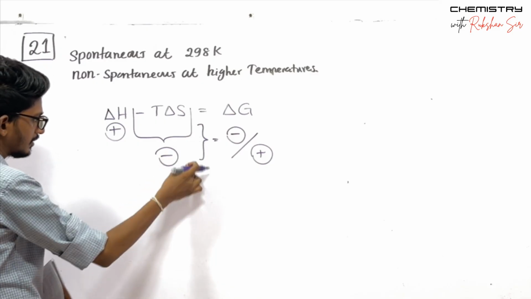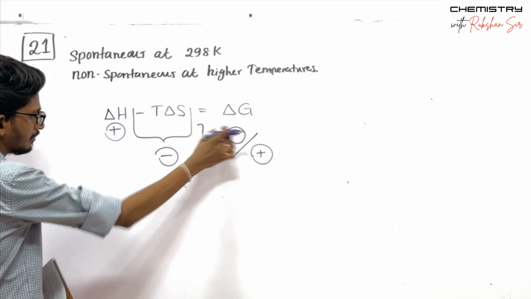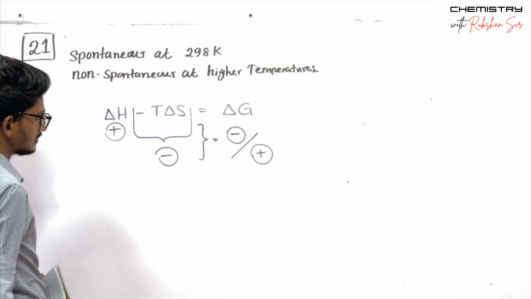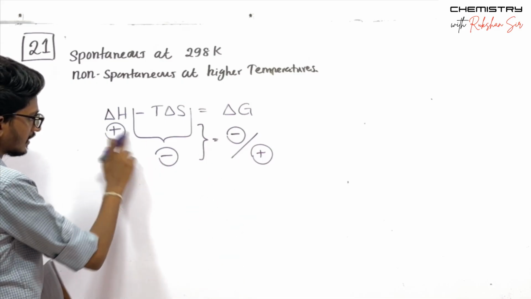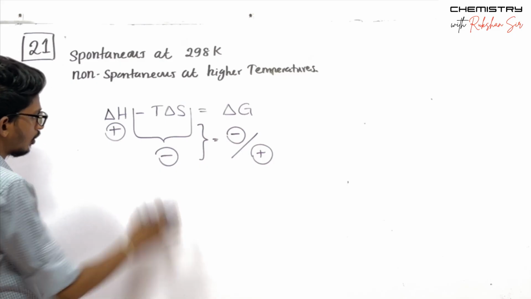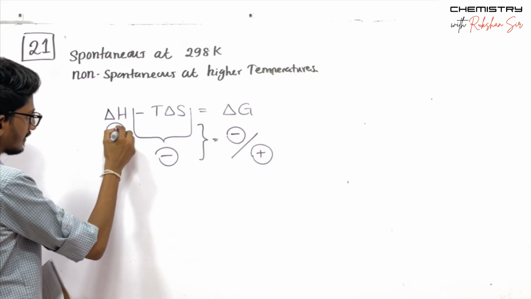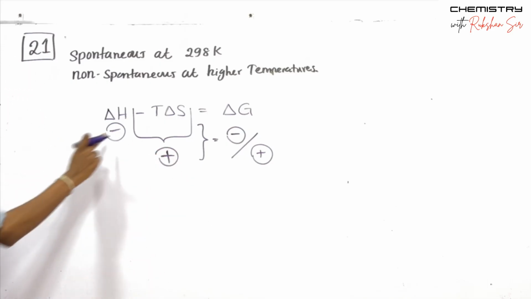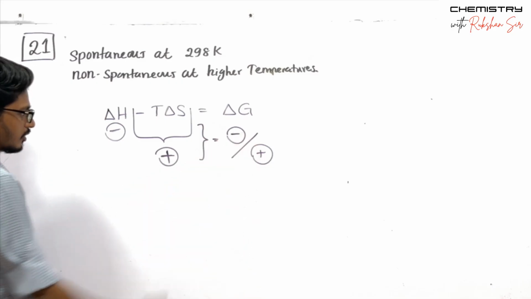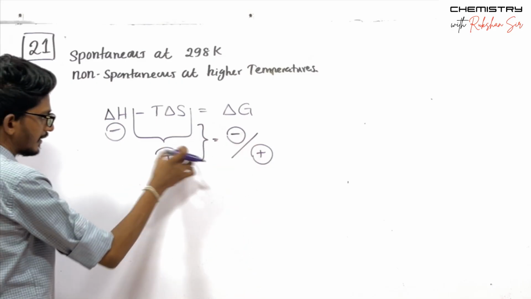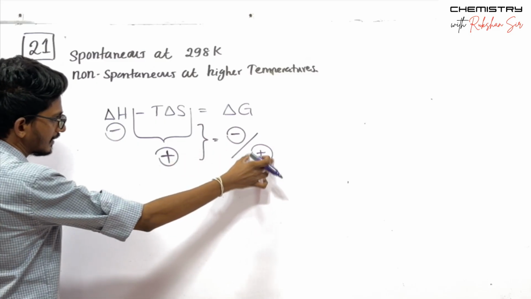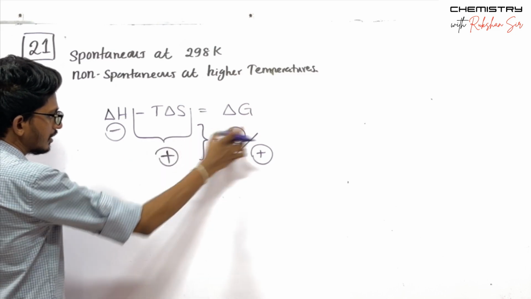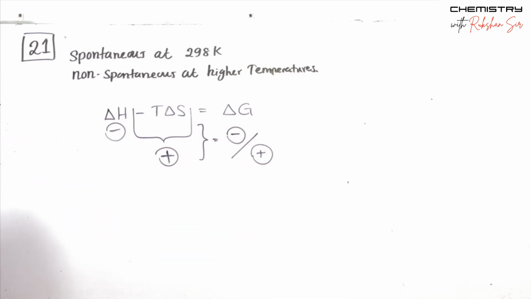When the negative value is greater than the other value, the sign will be negative, and if the negative value is smaller, the sign will be positive. Basically, if there are two opposite signs here and here, this kind of scenario could happen. With a higher positive value, delta G will be positive. With a lower positive value, delta G could be negative. So we have two options.